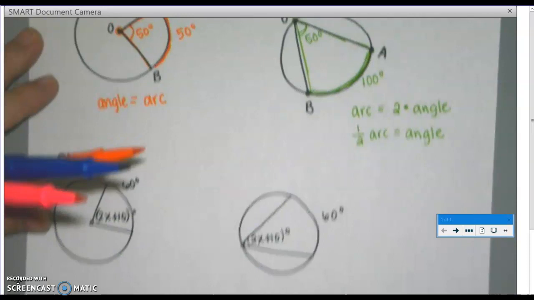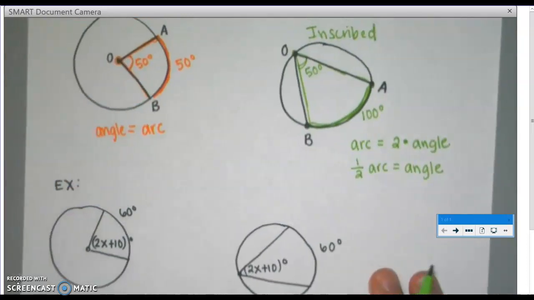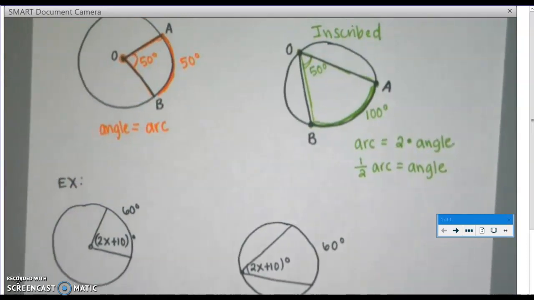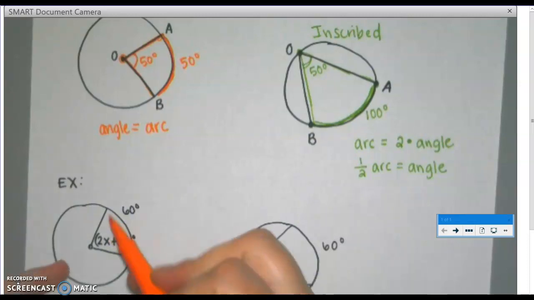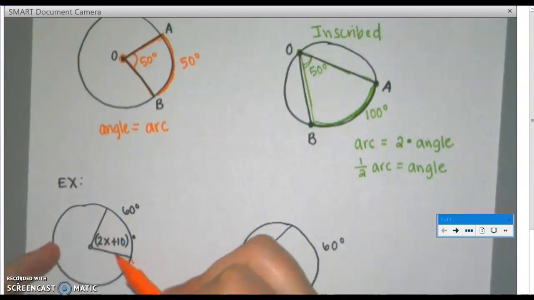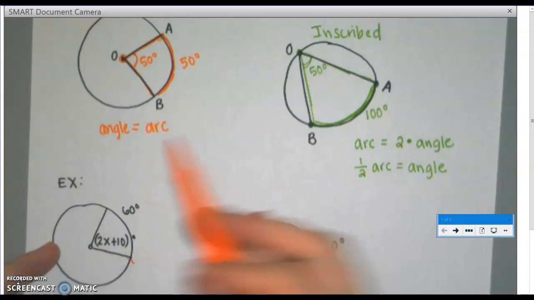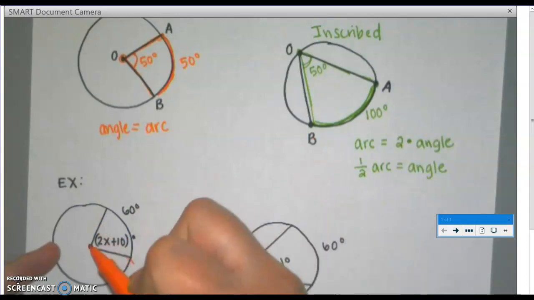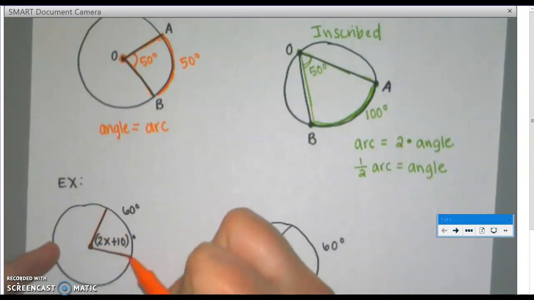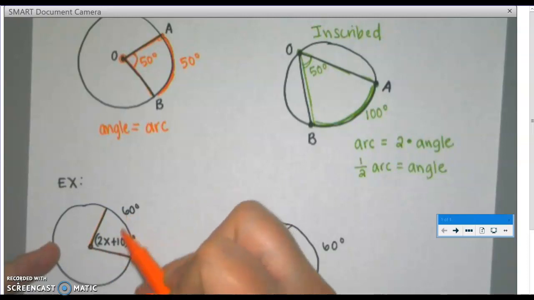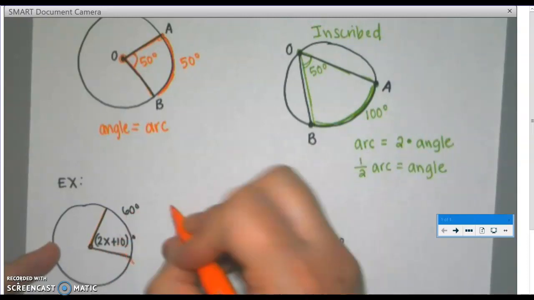All right, so we're going to use those properties to help us set up equations to solve for x. So my first thought is, what kind of an angle is it? My second thought is, how do I set up the equation? So because this is central, I know that the angle and the arc are equal to each other.